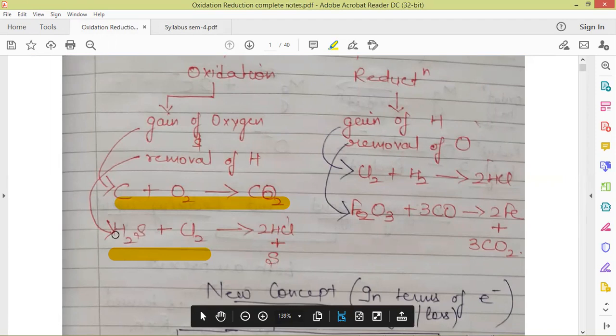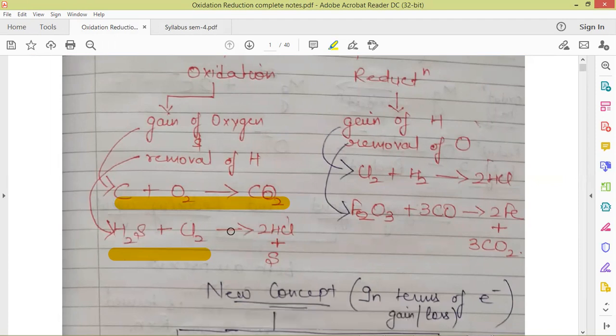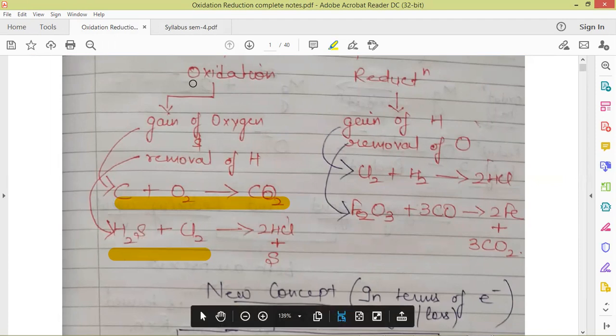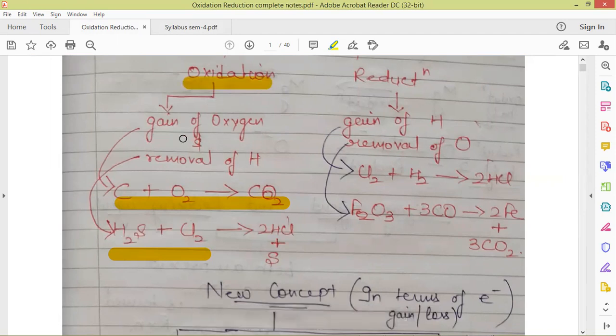So here H2S is losing hydrogen, so it is undergoing oxidation. That means this is all about oxidation according to the earlier concept, that is gain of oxygen and removal of hydrogen. Whenever there was a gain of oxygen or removal of hydrogen, it was called oxidation.